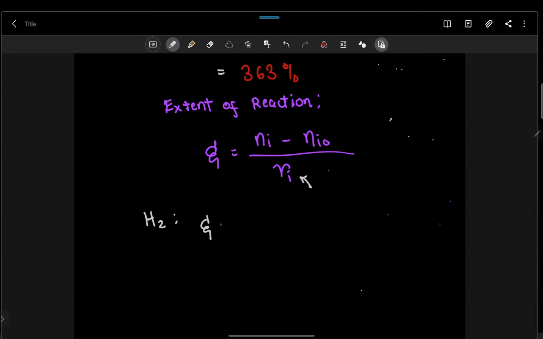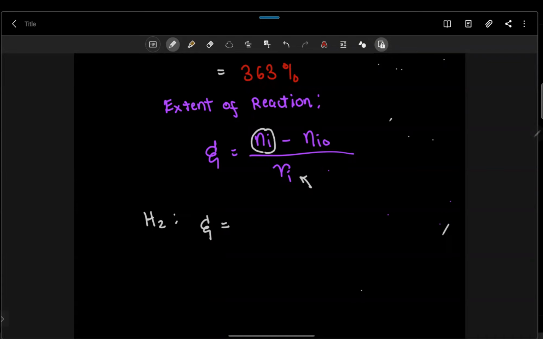Extent of reaction for the reaction, of course, using hydrogen as the basis: moles of hydrogen after the reaction, kasi yung Ni is after the reaction.